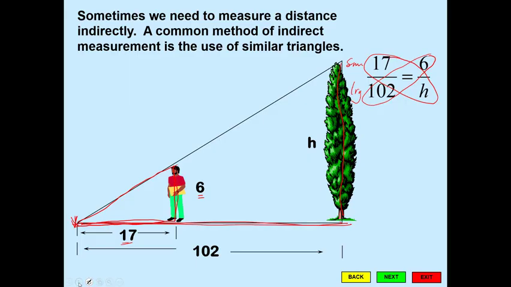When you do 102 times 6, you're going to get 612 equals 17h. How do you solve for that? 17h, divide by 17, and then you'll get 36. Let me erase this right here and put an h there.